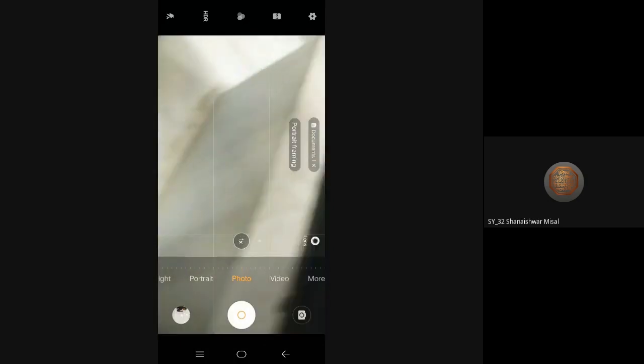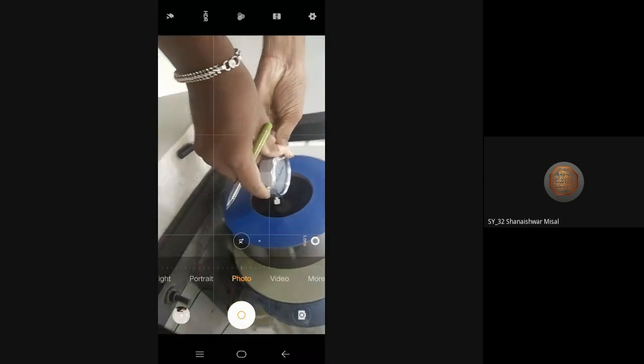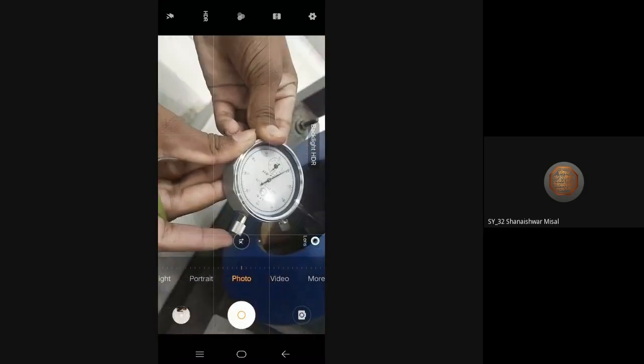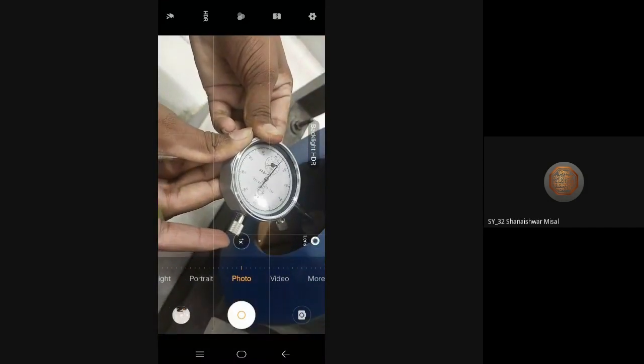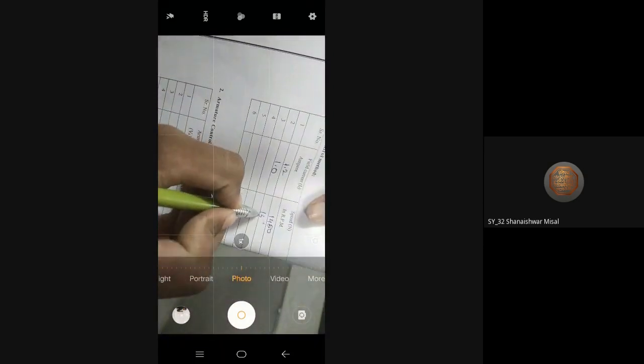Now we will measure the speed. Here you can see one cycle complete, now 1500 and above 4 lines, that means 1550. So the speed which was 1450 increased to 1550.